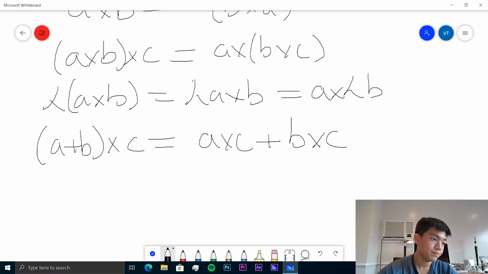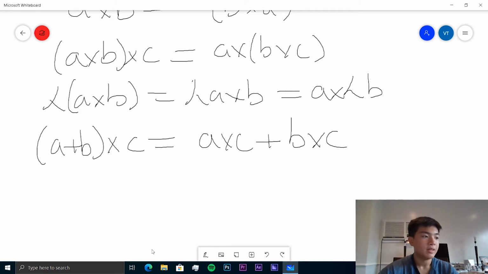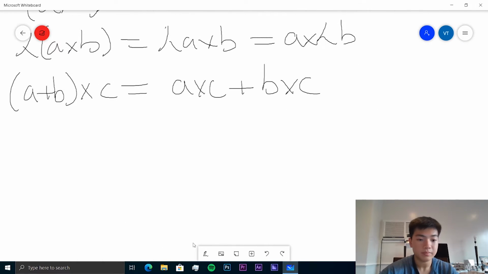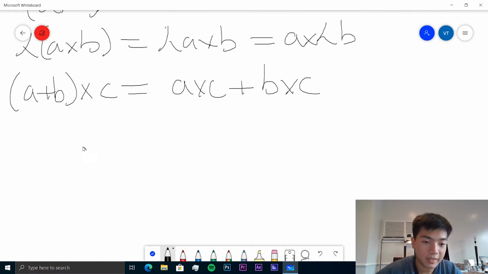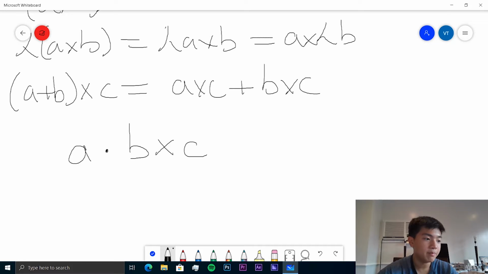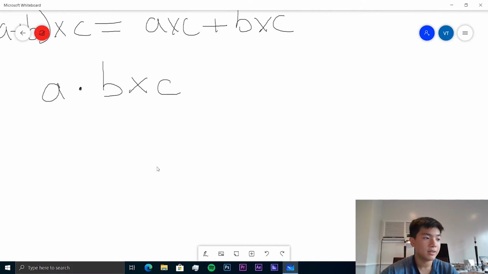And so when we do a combination of three vectors, say A, B, and C, and we use both the scalar dot product and the vector product, this is called a mixed product, and it has some very interesting properties.